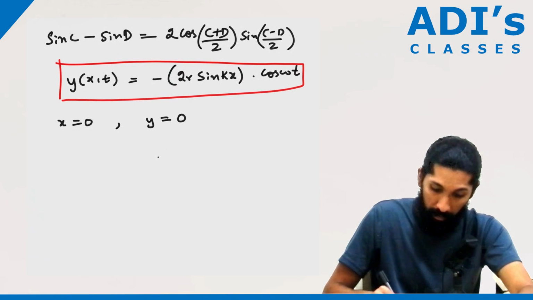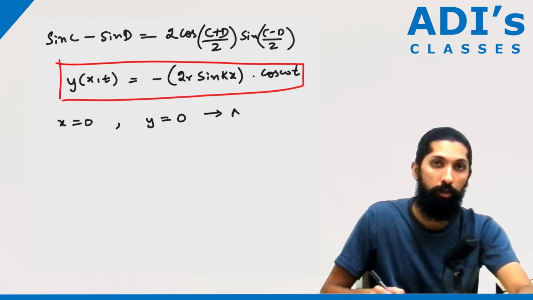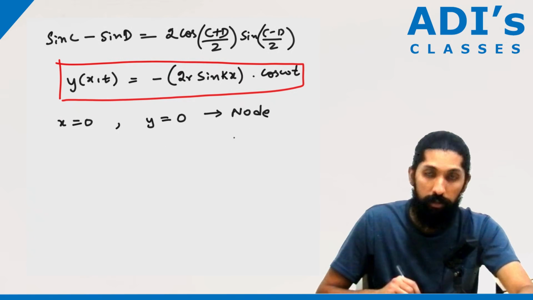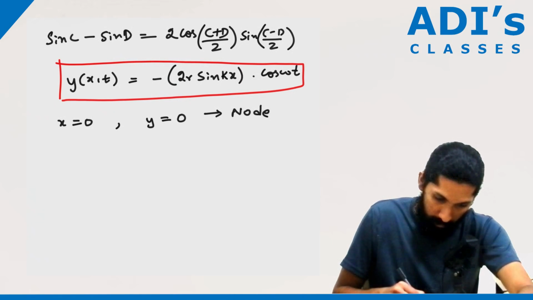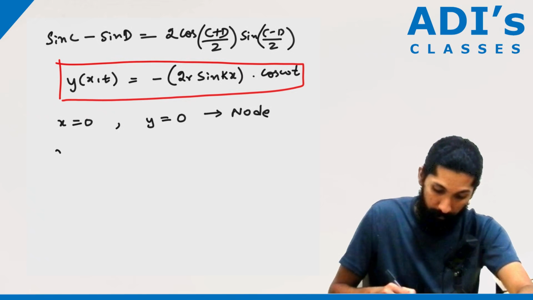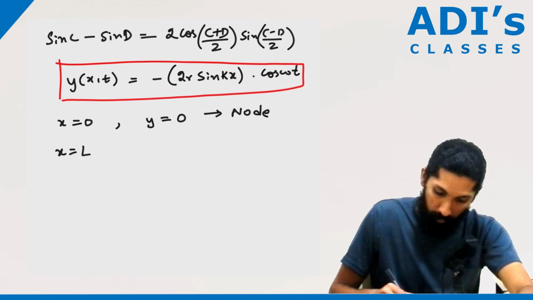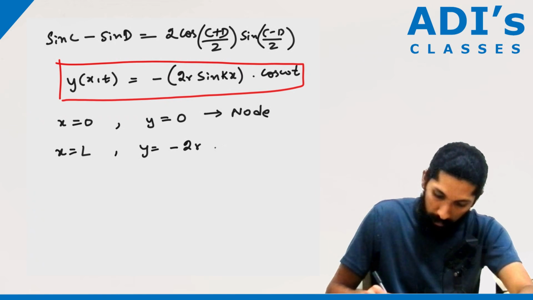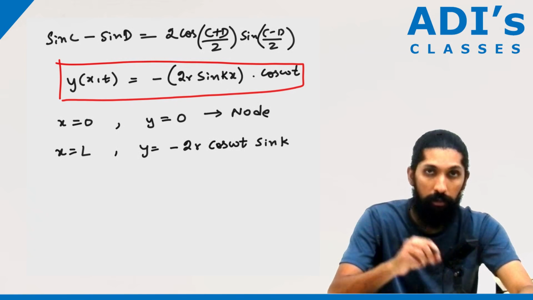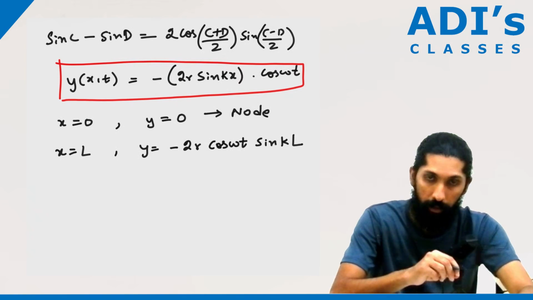This basically is a node. Remember nodes and antinodes? This is the first one. In the second case, suppose x is equal to L, then what do we get? y is equal to minus 2r cos omega t into sin kL, because in place of x, we have L, correct?